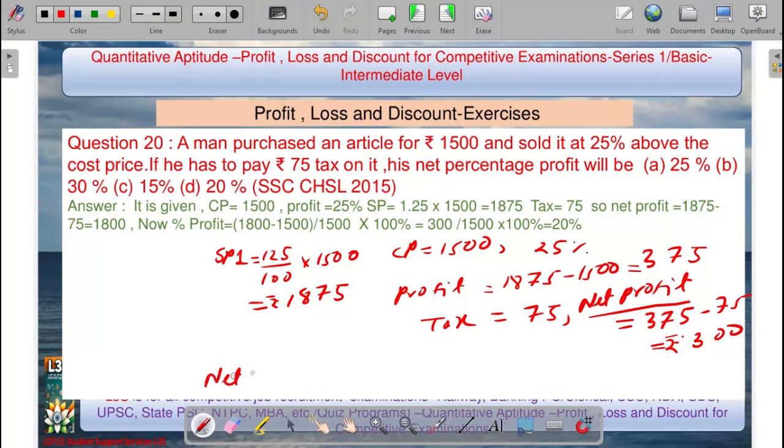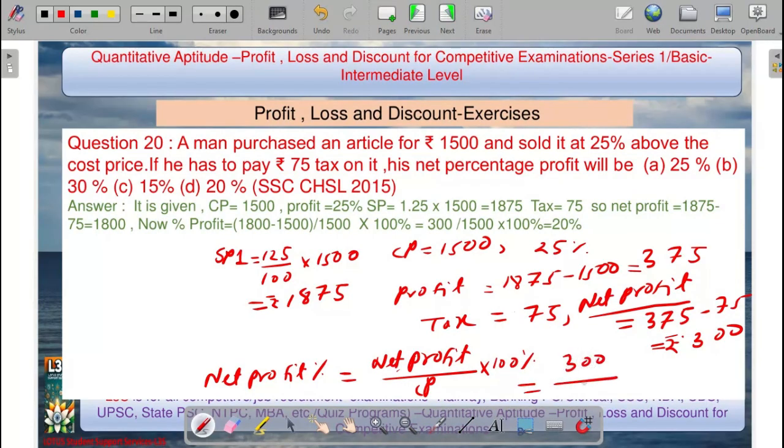So net profit percentage will be net profit by CP into 100%. That is 300 by CP, which is 1500, into 100%. If we simplify, this will easily get 20%. So option D is the correct answer here.